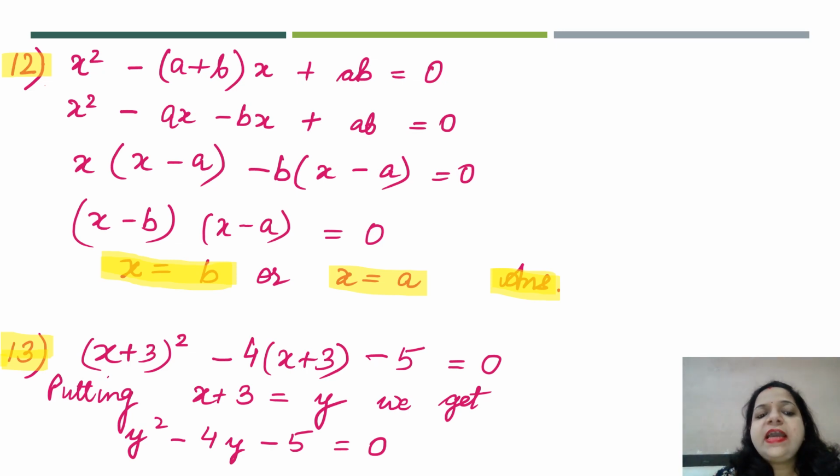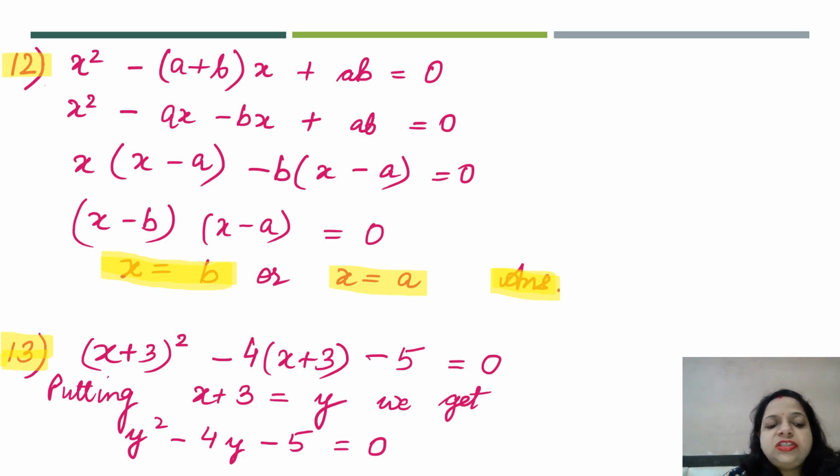Then we take x as common: x into x minus a, minus b into x minus a, is equal to 0. So x minus b is equal to 0, or x minus a is equal to 0, considering the zero product rule. So x is either equal to b or x is equal to a. That is the answer.